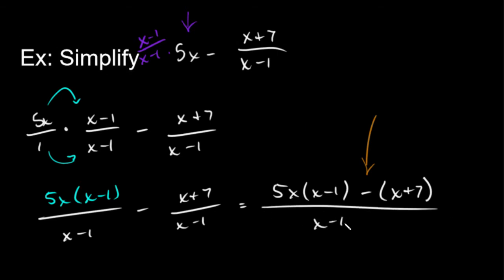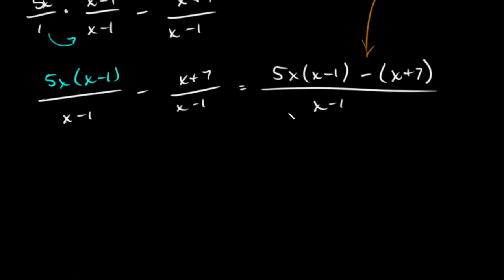Divide by x minus 1, and then we continue the problem. You're going to distribute the 5x, distribute the negative, and you're going to get 5x squared minus 5x. We're just multiplying. This times this times this. And then we're going to multiply the negative through, and so you're going to distribute it. And this is all over x minus 1.